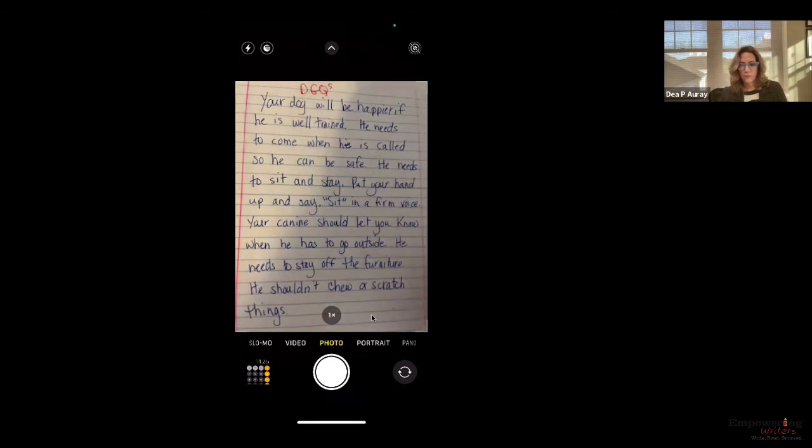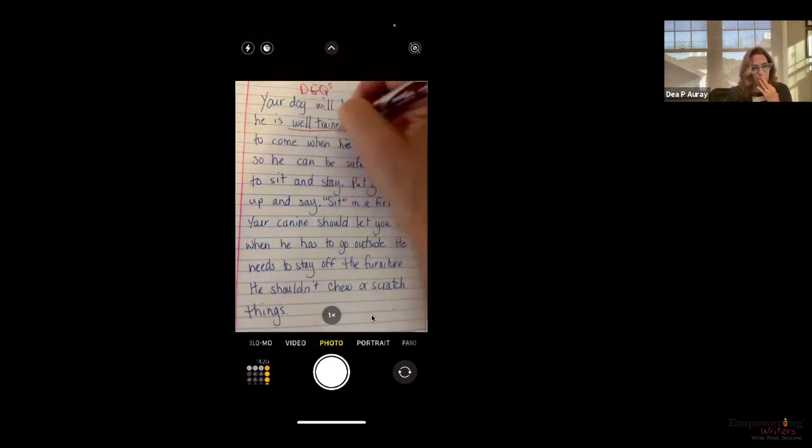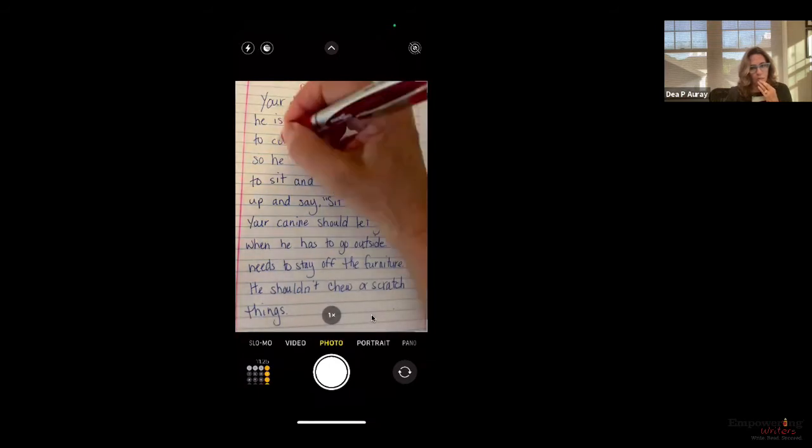And I want to kind of look at this piece with my students and go over what worked really well and then begin to apply this particular skill. So your dog will be happier if he is well trained. That's our main idea. Every detail needs to be focused on that particular main idea. So let's look at our details. He needs to come when he's called.